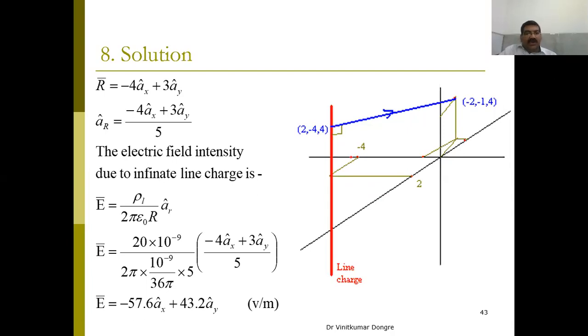You can use the other value also, no problem. But here, to make the calculation easier and reduce errors, this is recommended. Finally, if you calculate, you will get this answer: -57.6 ax plus 43.2 ay. This is the electric field intensity due to this line charge at -2, -1, 4.